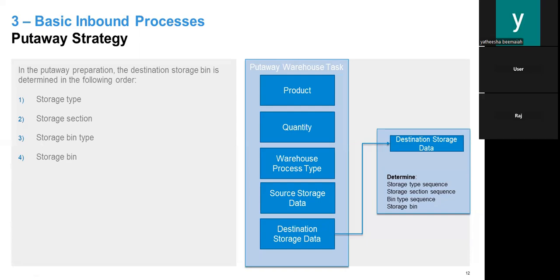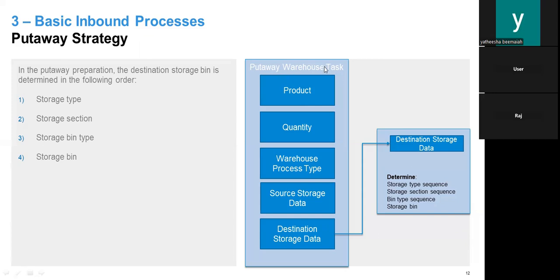So based on the storage bin type, we can allow the put away of the pallets into the different bins based on the physical attributes. So based on this, the storage bin is determined.